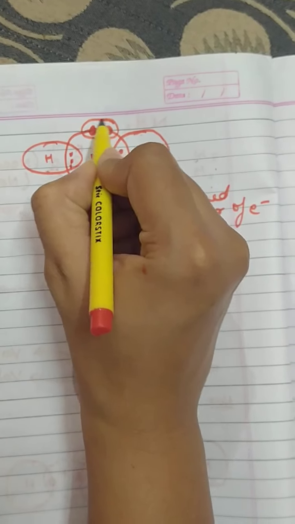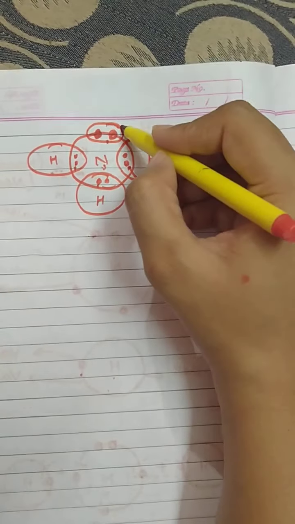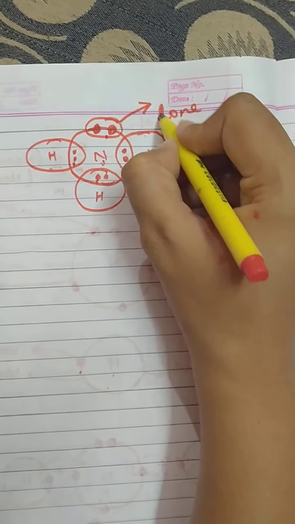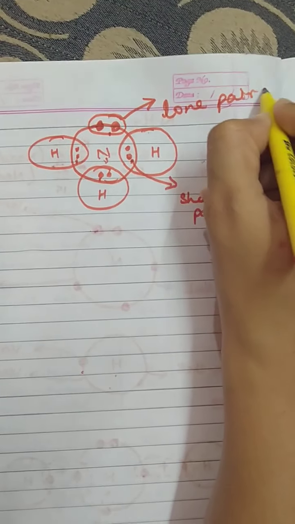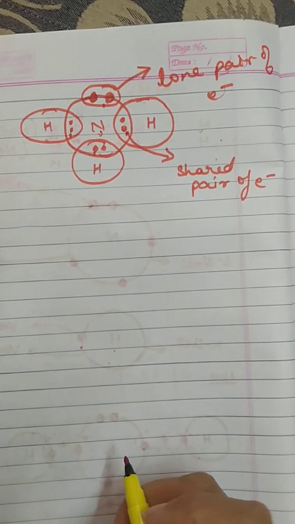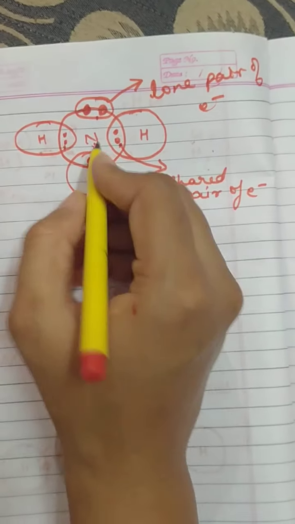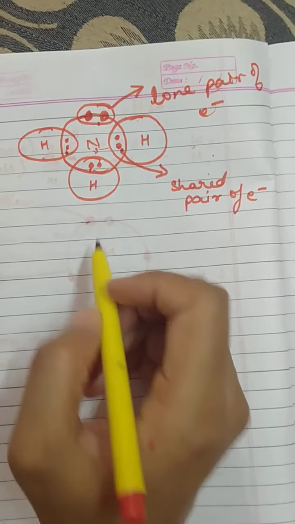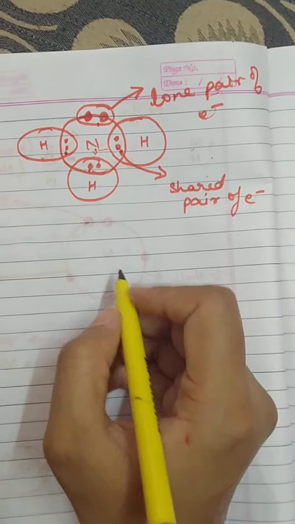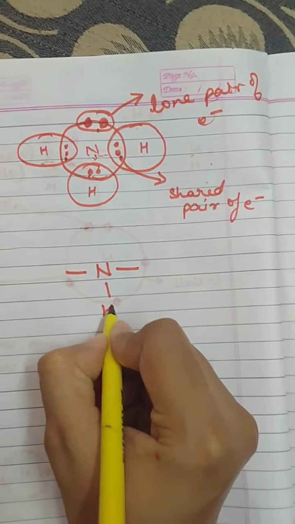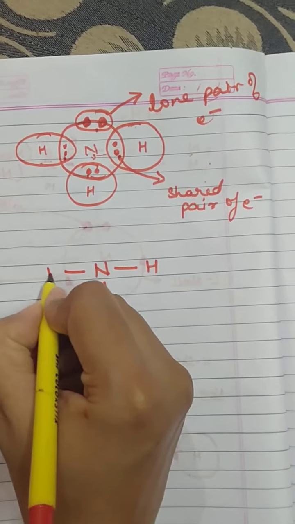The electron pair which has not participated in bonding is known as the lone pair of electrons. Okay, this is known as the lone pair of electrons. Now instead of writing this type of structure where the overlapping of the atoms is shown, we can write the structure of ammonia with the help of covalent bonds.